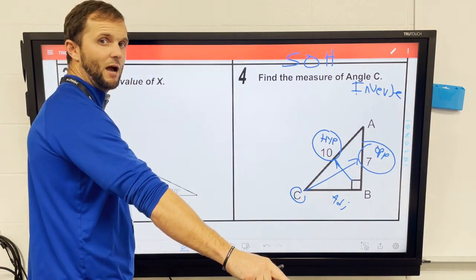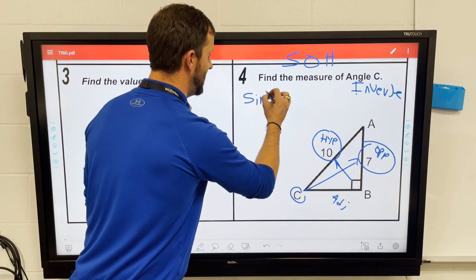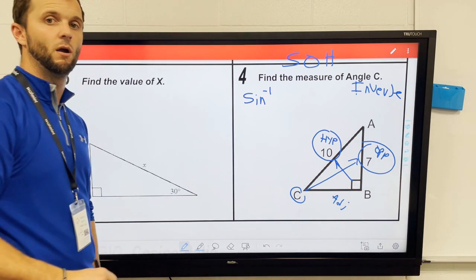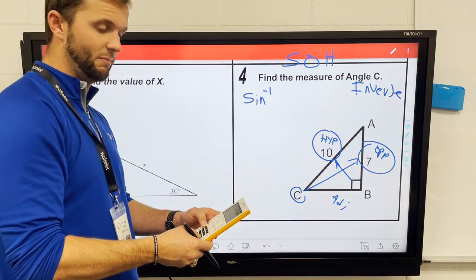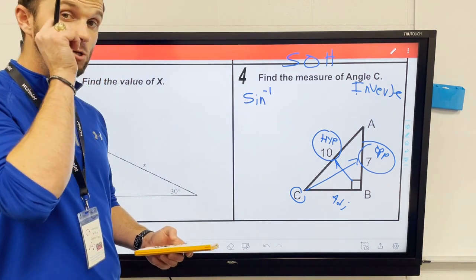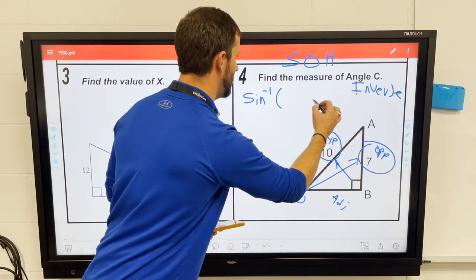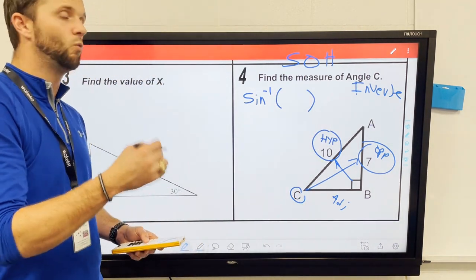In your calculator, you are going to find this symbol, sine raised to the -1 power. Go to TRIG, underneath the control button, and go to where it says sine -1. When you click enter, it gives you a set of parentheses. In those parentheses, you type in the ratio.